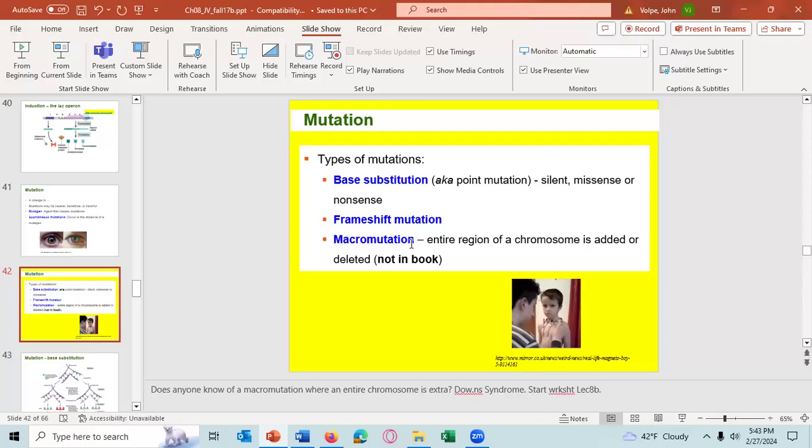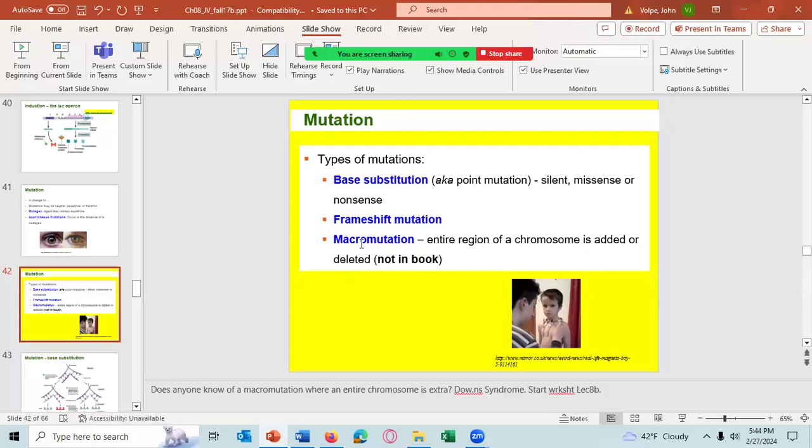There's the one I gave where there's a massive change in the DNA, where a whole region of a chromosome or an entire chromosome is either added or deleted. But online, you can also find that macromutation means a massive change in the expression of genes, usually involving a controlling gene that controls other genes. And we're not going to talk about that type of macromutation. We're talking about the change in a large number of nucleotides.